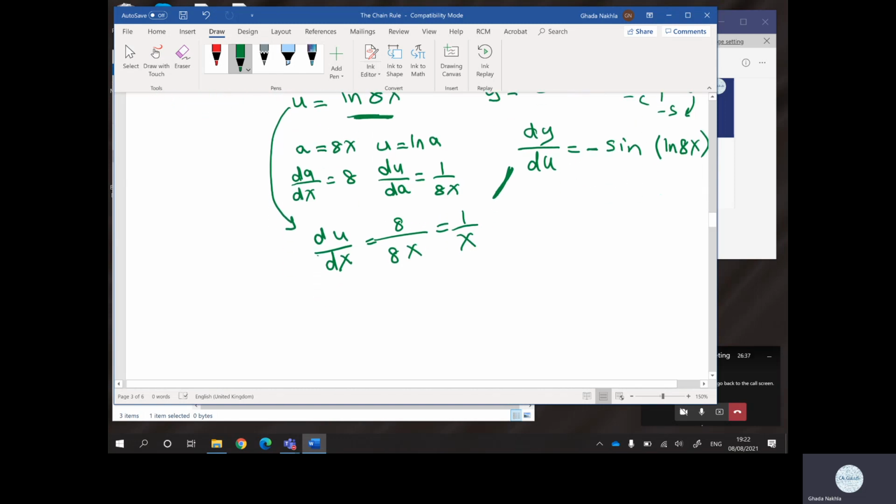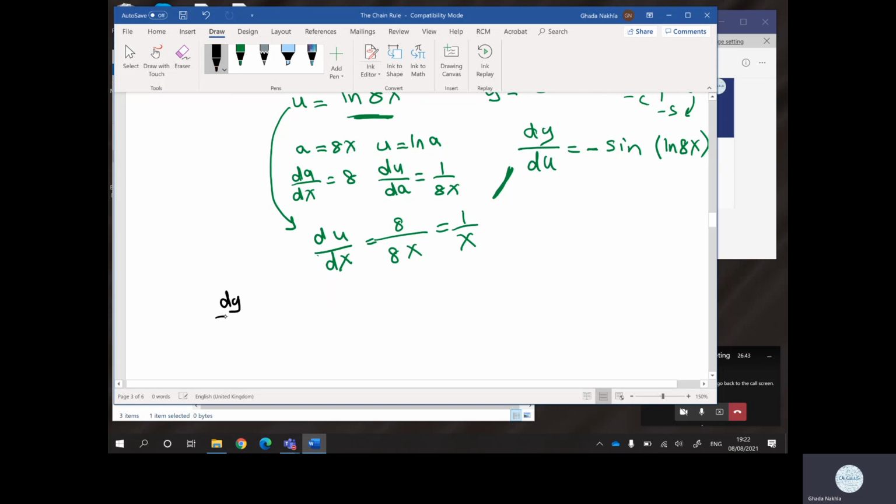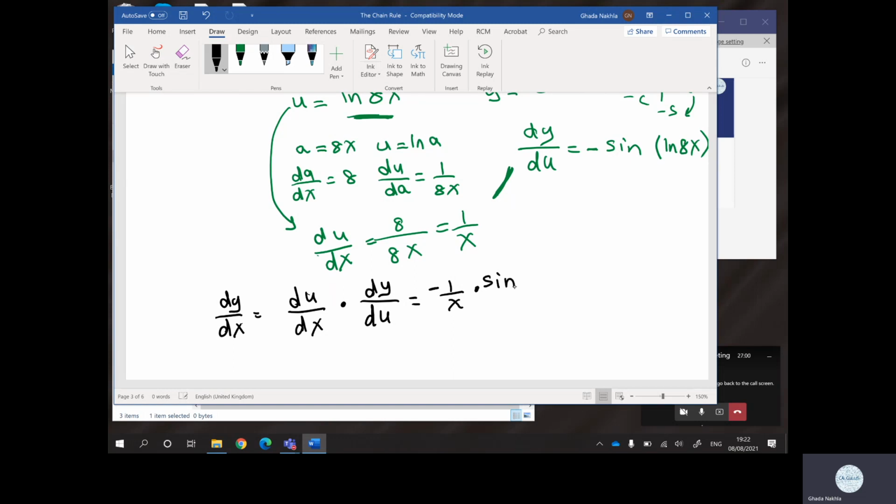So dy by dx is equal to du by dx multiplied by dy by du, which is the chain rule. So it's basically 1 over x multiplied by minus sine ln 8x.